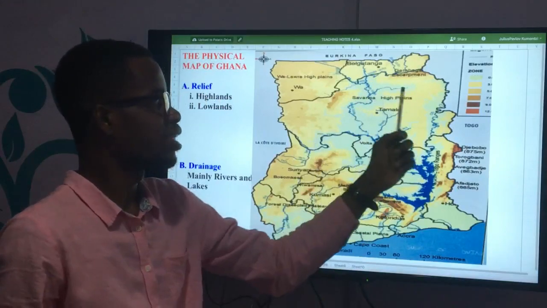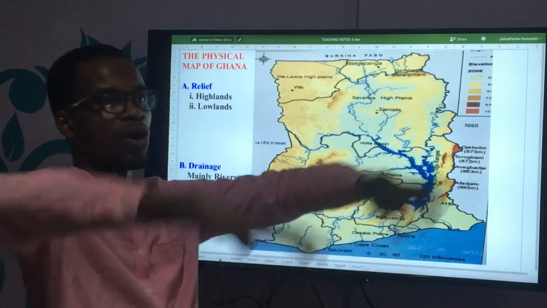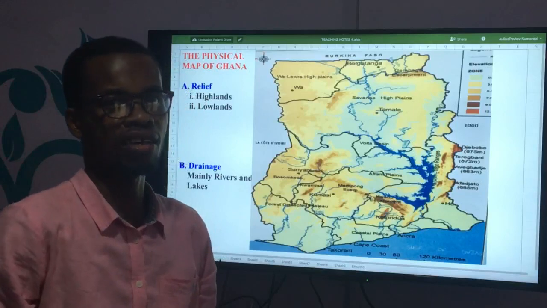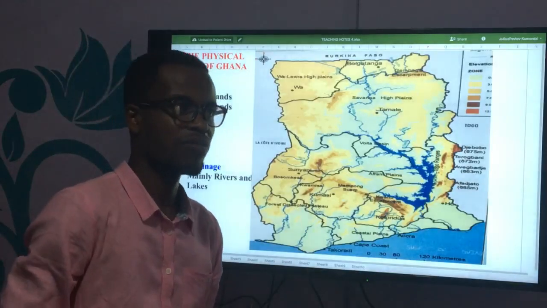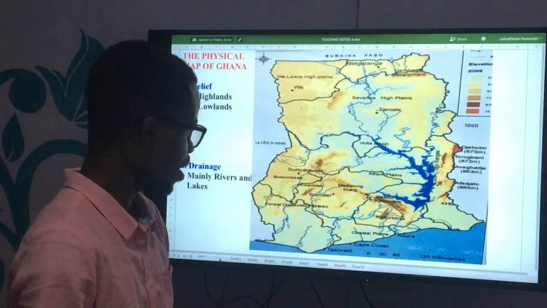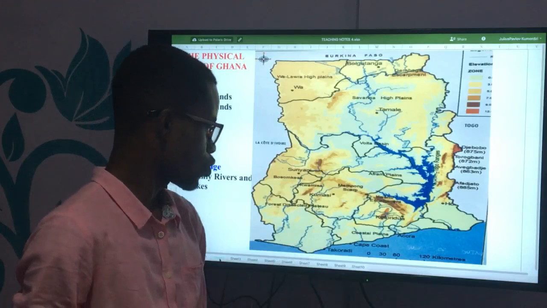You get to Tamale, you find the savanna plains. Broad land that can be used for the cultivation of millet and other farm produce. So these are some of the highlands that we can mention so far.